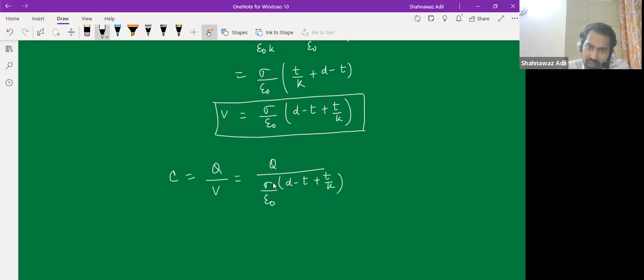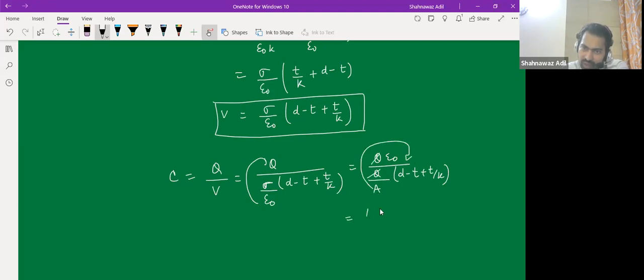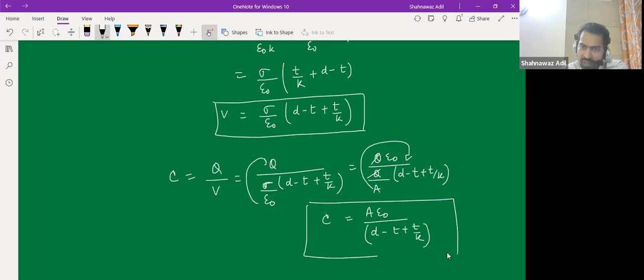And this sigma is Q by A. So epsilon naught goes up, sigma is Q by A, Q gets cancelled, and A goes over here. So this is A epsilon naught by d minus t plus t by k. This is the capacitance of a partially filled parallel plate capacitor.